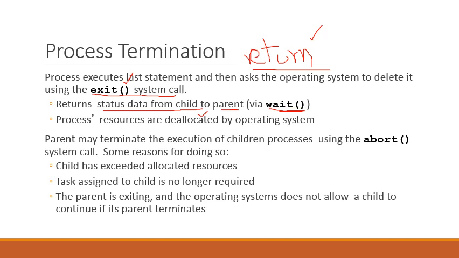So this status data will be received through this wait system call with the help of the operating system. That is, the child has returned the status data using the exit system call. The operating system will receive this status data and pass it to the parent process via the wait system call.